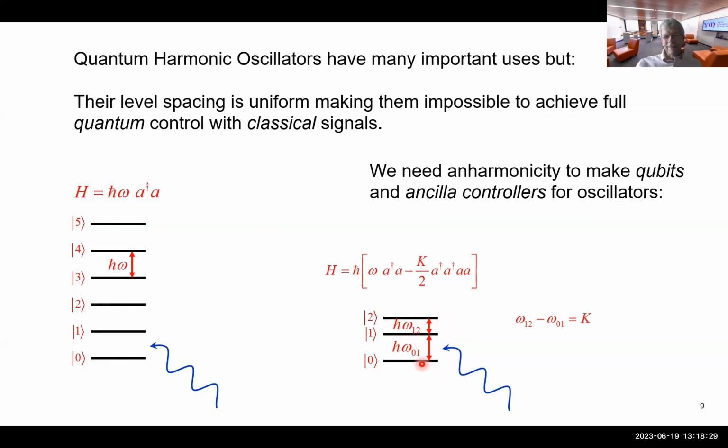And when I send in a classical drive, I'll cause a transition from 0 to 1, but it will be off resonance from 1 to 2. So instead, I will Rabi flop back and forth between 0 and 1, allowing me to treat this as a two-level system, ignoring the higher transitions that are off resonance within a certain approximation. And this will allow me to then, let's say, produce a single excitation here and then transfer it into the oscillator, producing a non-classical state.